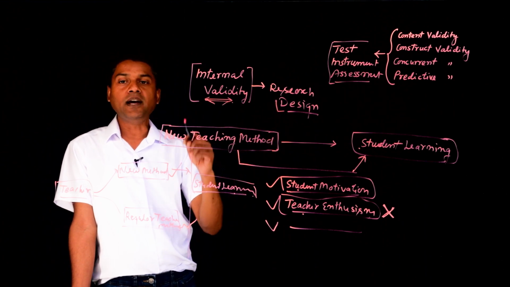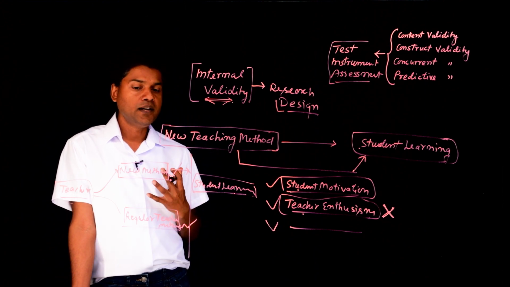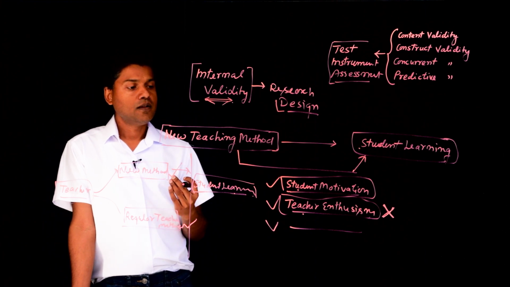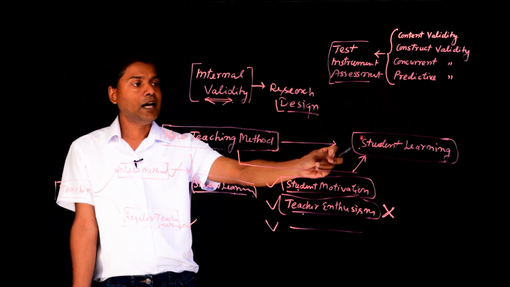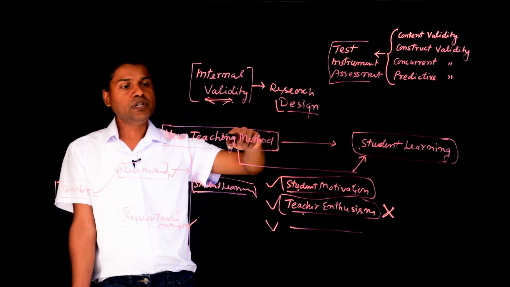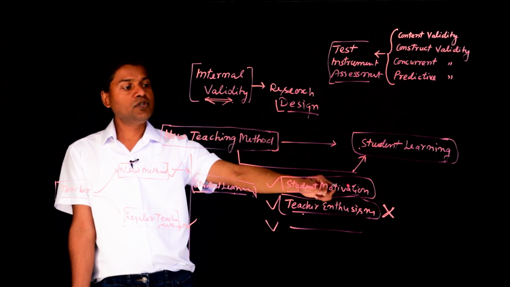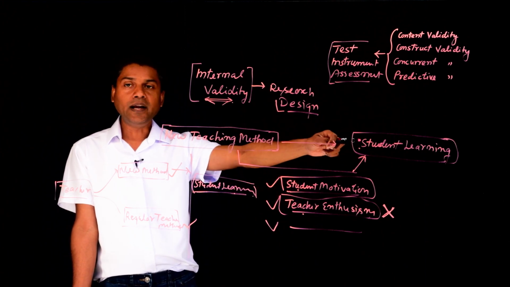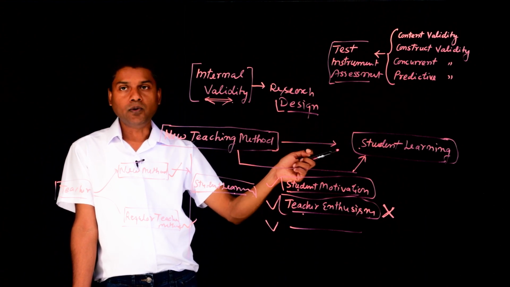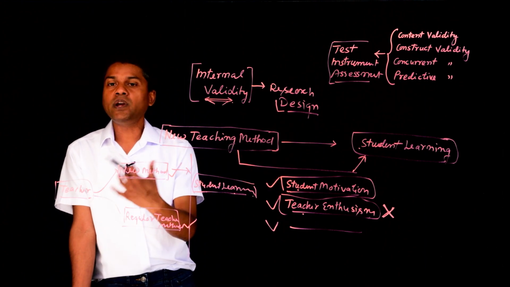So whenever you plan your experimental study, whenever you plan your research design, you need to think about how to ensure that the change happening in the dependent variable is solely attributed to the independent variable, and other variables which may implicate the findings in the dependent variable are checked out or cancelled out. And this is one way. There are many ways you could do that.